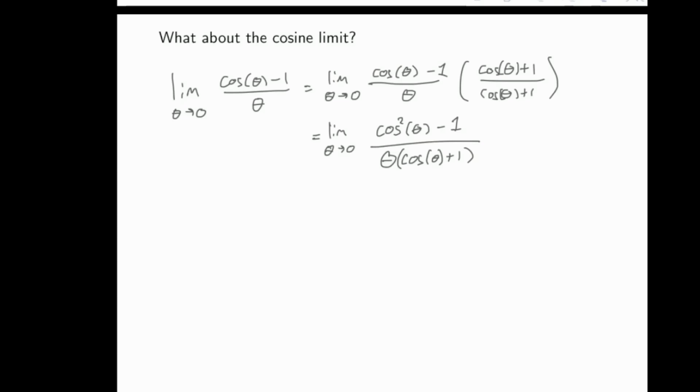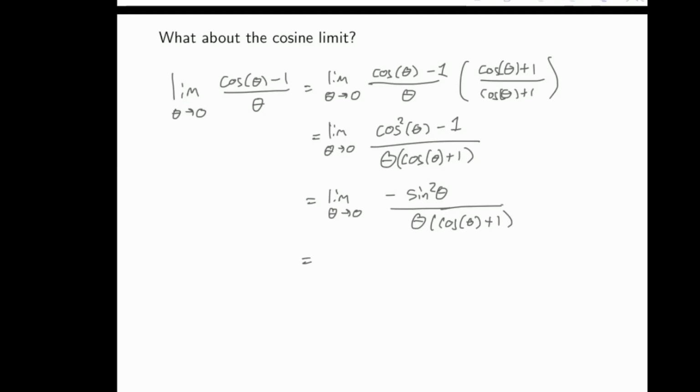Okay, but I have a cosine squared of theta, so maybe your trig identity alarm bells are ringing now. In fact, the numerator is just negative of sine squared of theta by the Pythagorean identity. And then my denominator stays the same.